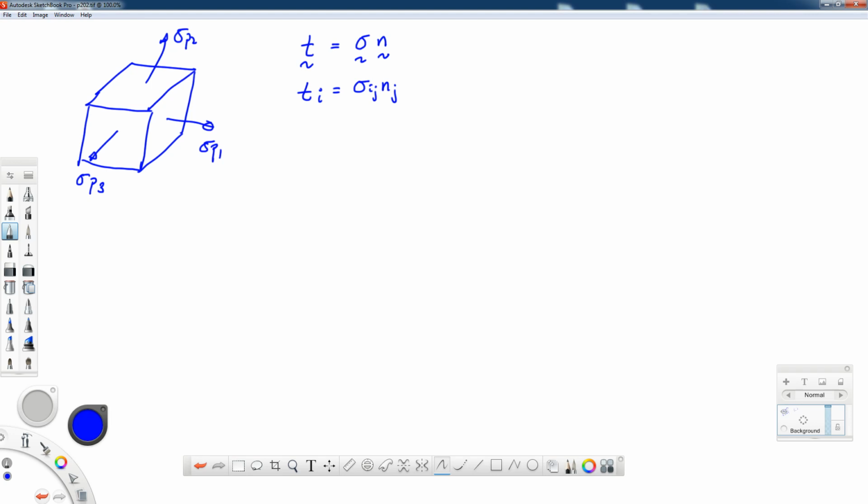Now for our particular coordinate system, we are in the principal stress directions. So our stress tensor is diagonalized already. We have sigma p1, sigma p2, and sigma p3 along the diagonals, and these are in no particular order.